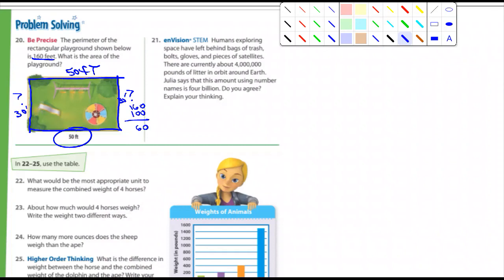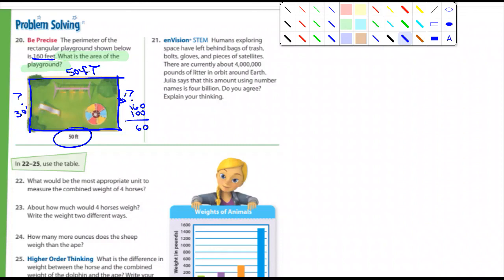Then it says, what is the area of the playground? So we've got the perimeter. You should be able to figure out the area. All right. I'm looking at 21 here. Humans exploring the space have left behind bags of trash, bolts, gloves, pieces of satellites.